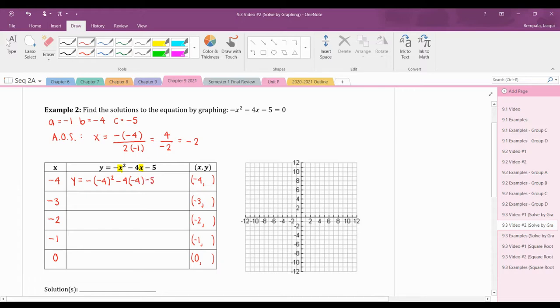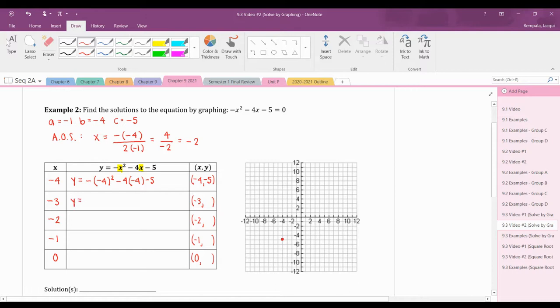Once again, if you type that all into your calculator, just make sure that you are putting it in exactly how you have it written right here. So when I do all of that, looks like we're going to get -5. So we've got the ordered pair -4, -5.